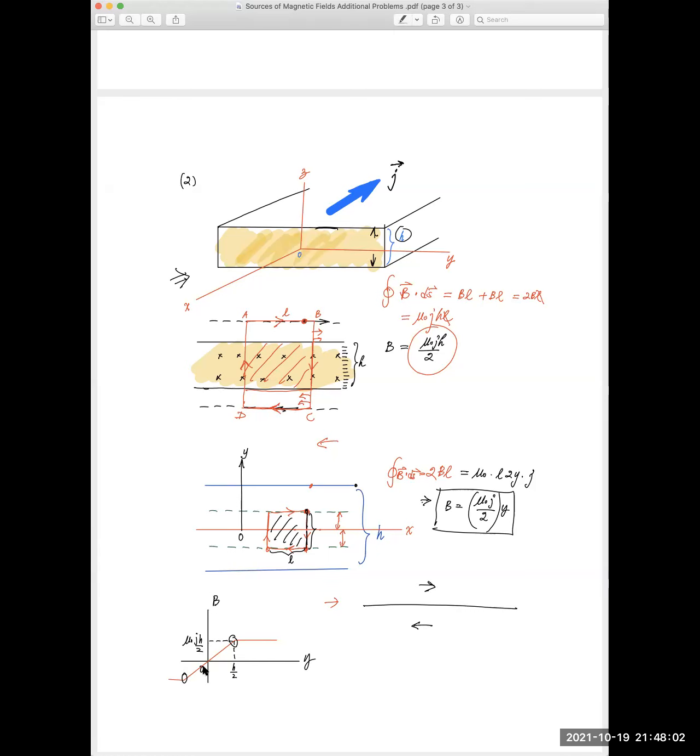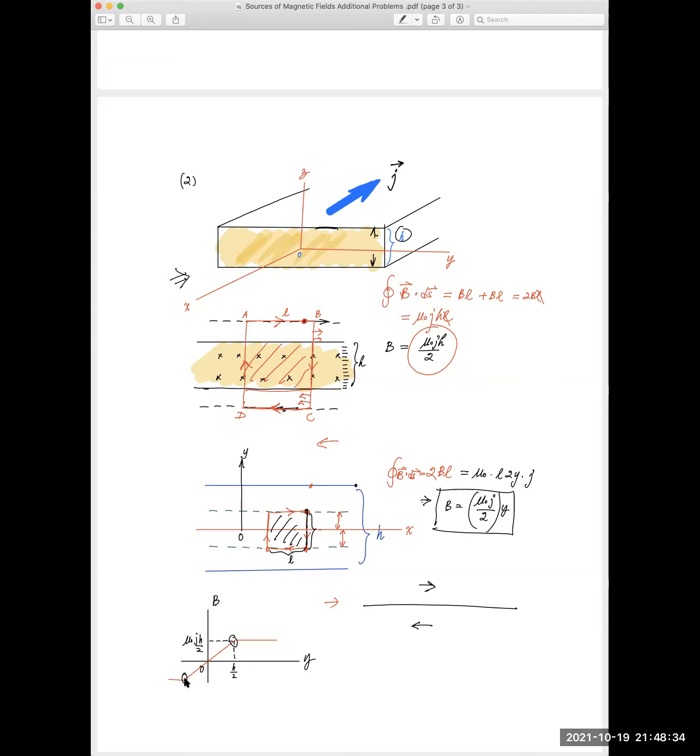And you also notice that at the edge of the slab, either here or there, that's why y equals half of H, you get the same answer. There is no gap here and here, and that's important to know, because what that means is that there is not a sudden jump in the B field.